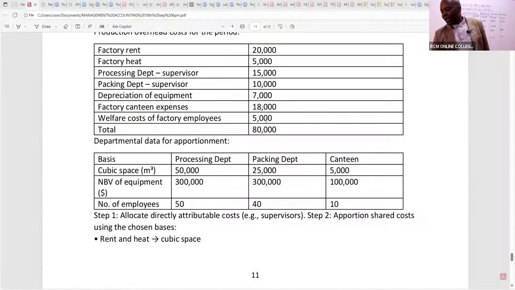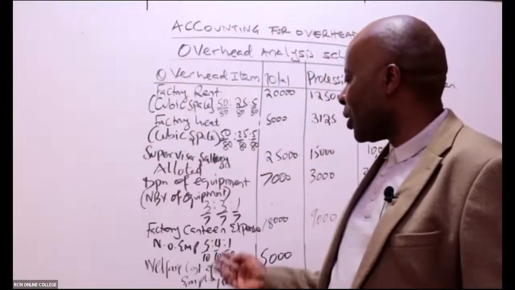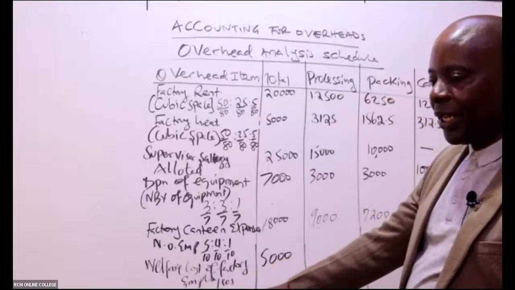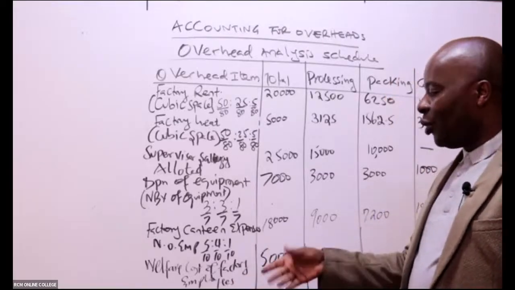All right. So number of employees, remember the figure is 5,000. We're using the number of employees whose proportions we already have. If you had written these proportions up there, then you don't have to write them down here. You can simply go ahead and do the apportionment.